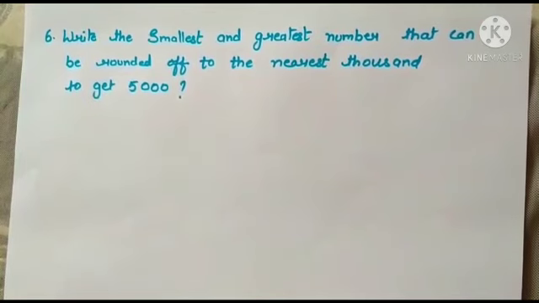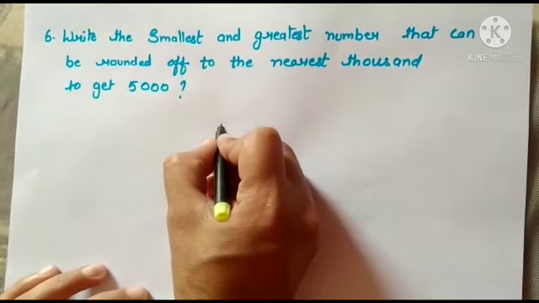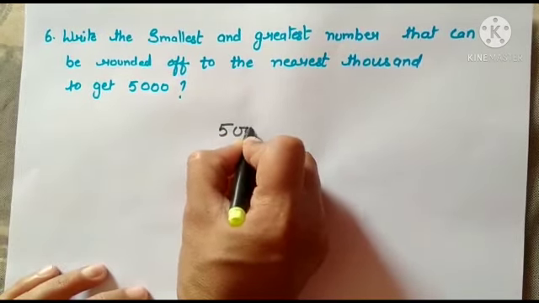Next question is, write the smallest and greatest number that can be rounded off to the nearest thousand to get 5,000. What is the question saying? That we have to write the smallest and greatest number that is rounded off to 5,000. It means we have to get 5,000.